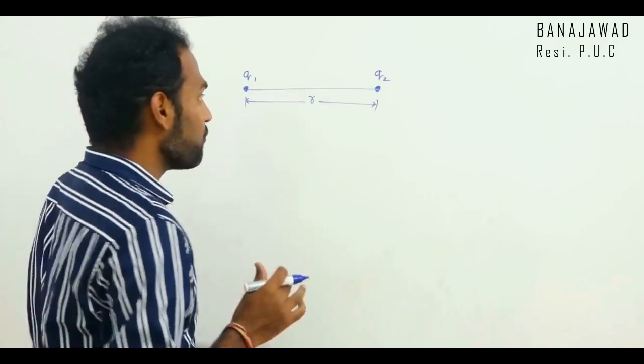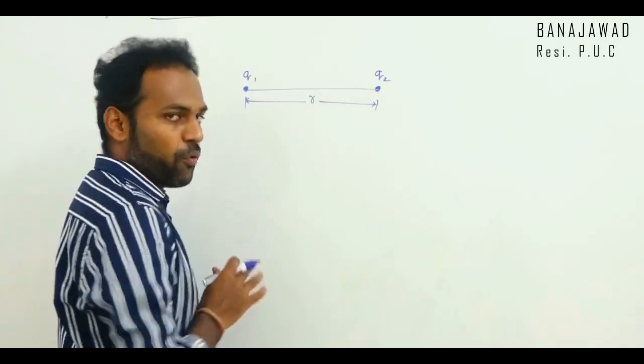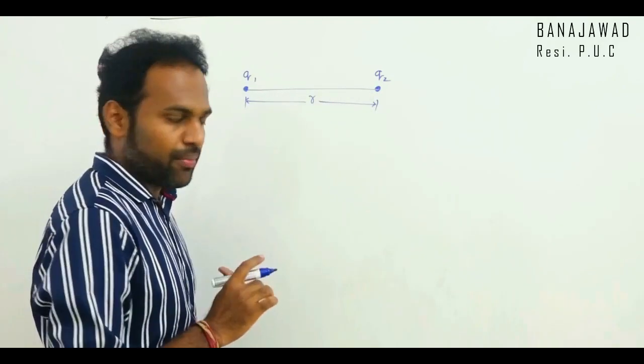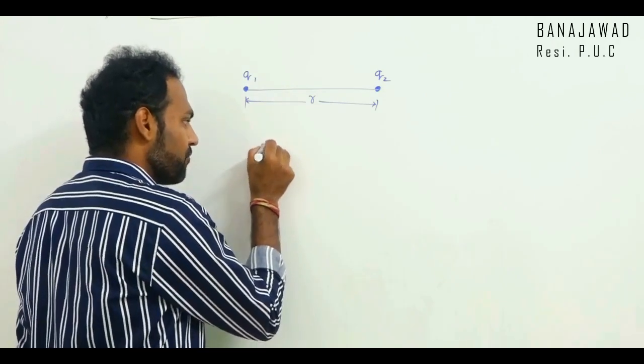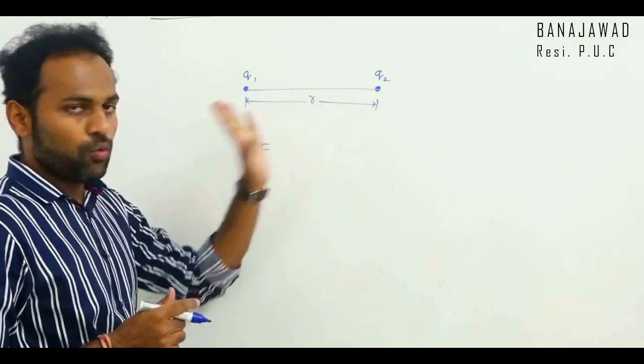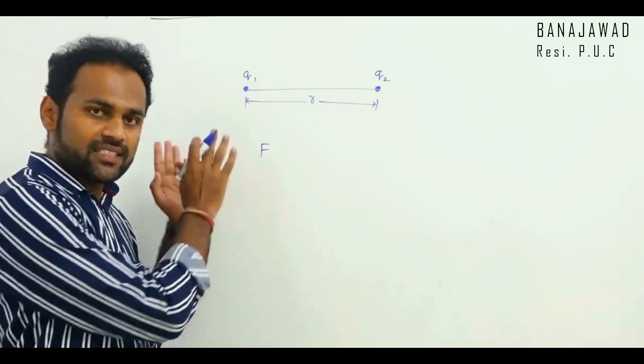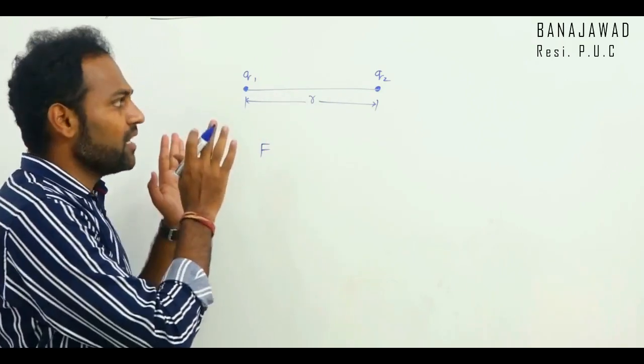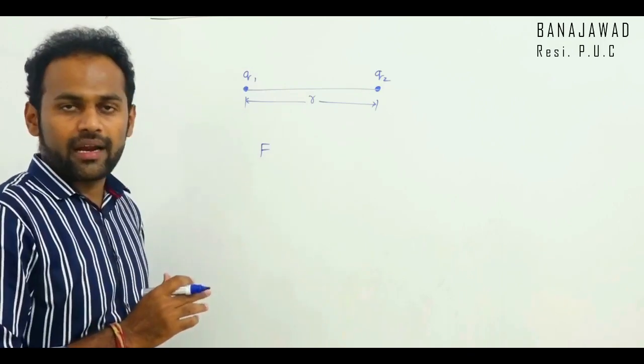The force acting between these 2 point charges, either attraction or repulsion, is given by F. F is the force of attraction or repulsion between the 2 point charges. If they are like charges, it is a repulsive force. If they are unlike charges, it is an attractive force.